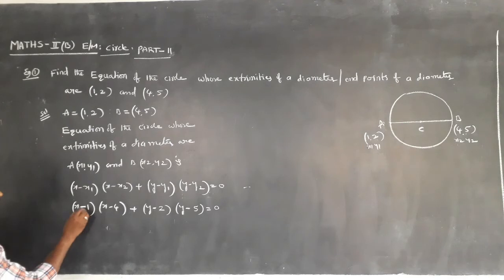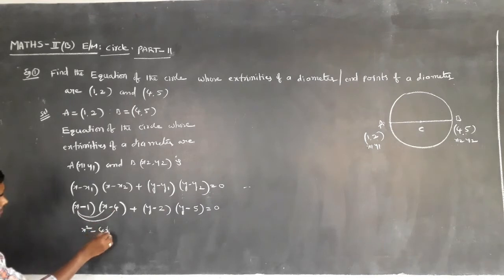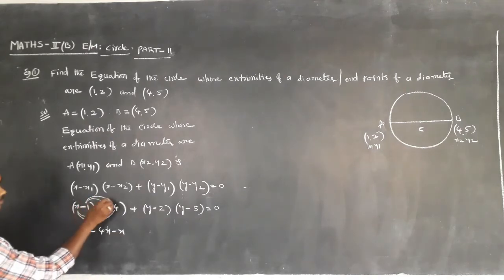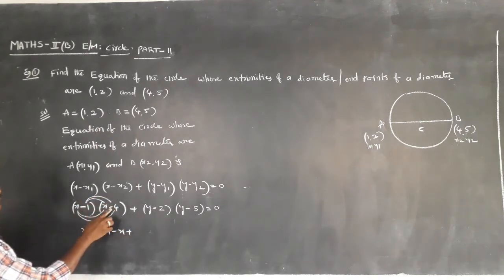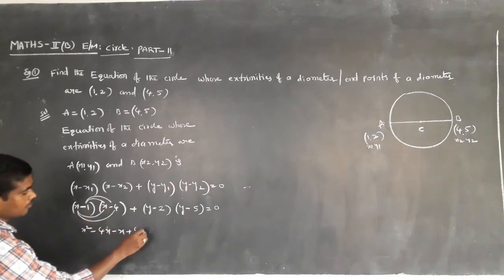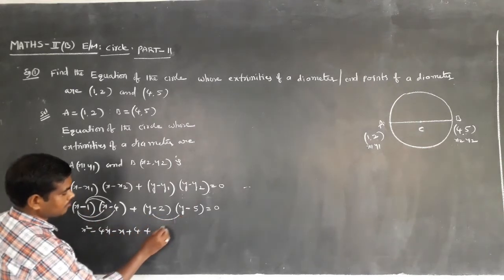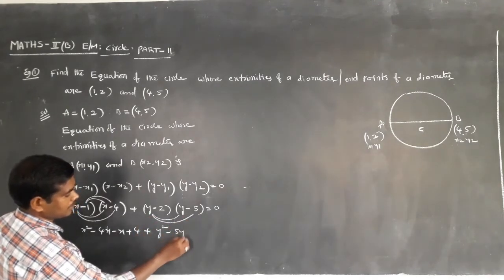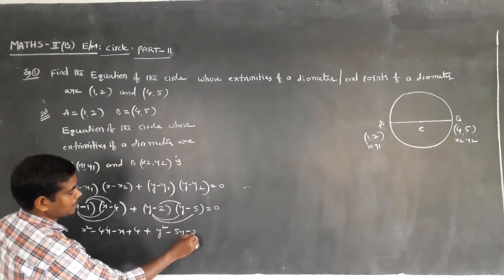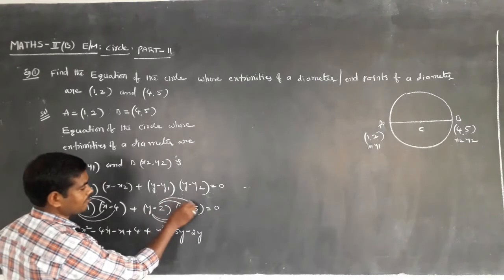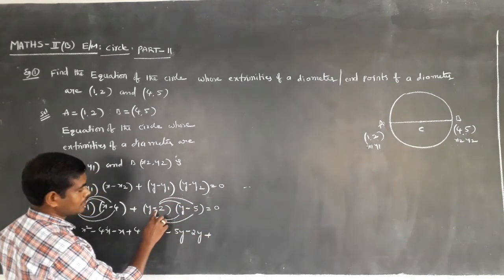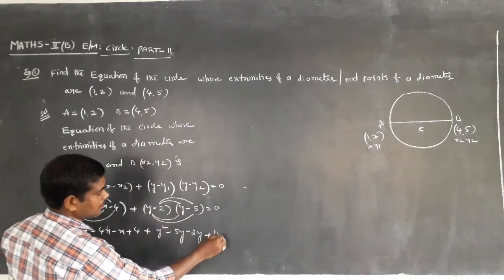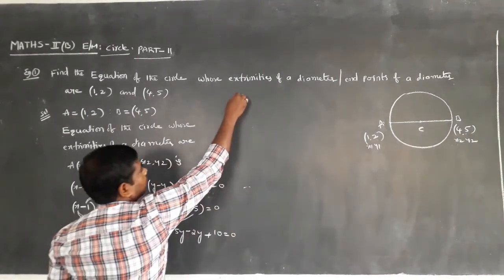Simplifying: x into x is x square, x into -4 is -4x, -1 into x is -x, -1 into -4 is plus 4, plus y into y is y square, y into -5 is -5y, -2 into y is -2y, -2 into -5 is plus 10, is equal to 0.